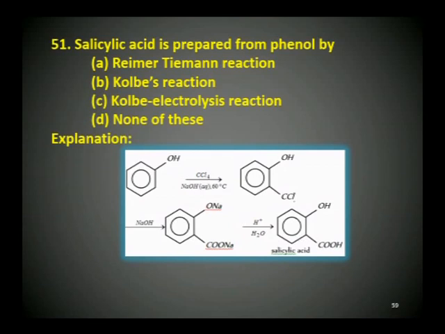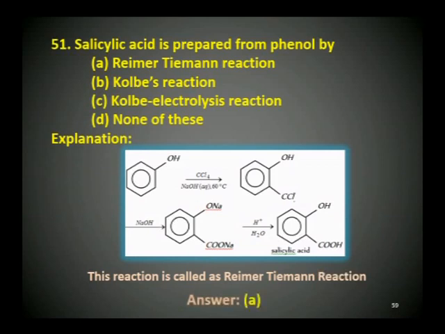When phenol is treated with carbon tetrachloride in the presence of sodium hydroxide, followed by acid hydrolysis, finally the product is salicylic acid. This reaction is called the Reimer-Tiemann reaction. You will be learning this reaction in phenols also. So that is why answer A is the correct option.